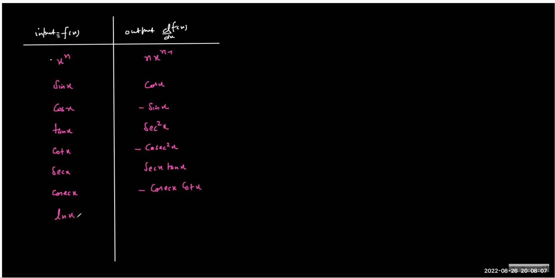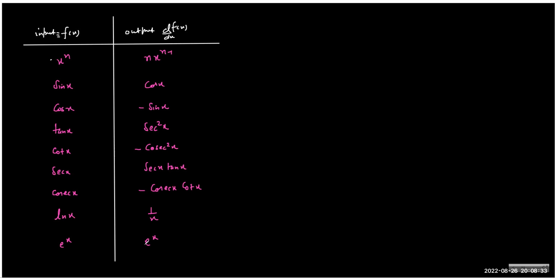The differentiation of ln x is 1 by x. Yeah, it's very famous, 1 by x. And then e power x. E power x is what? Same answer. Luckily, even if you differentiate e power x, the tangent will also follow a similar graph.